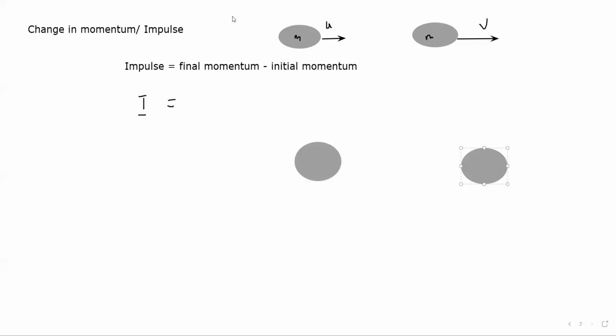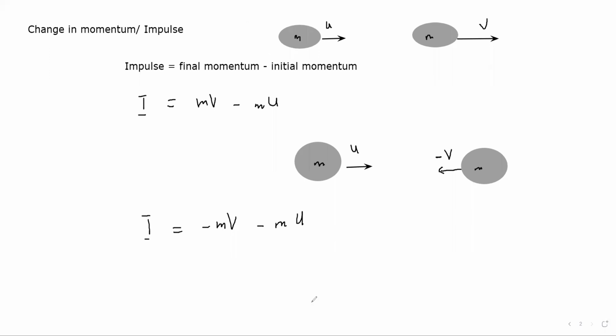If the object is moving towards the right with a velocity of u, it can bounce back after striking a surface. So the final velocity's magnitude changes, but we take it as minus, because when the direction changes, it should be opposite. So for the first example, it is mv minus mu. But for the second example, the final momentum is minus mv, so the final minus the initial momentum is minus mv minus mu.